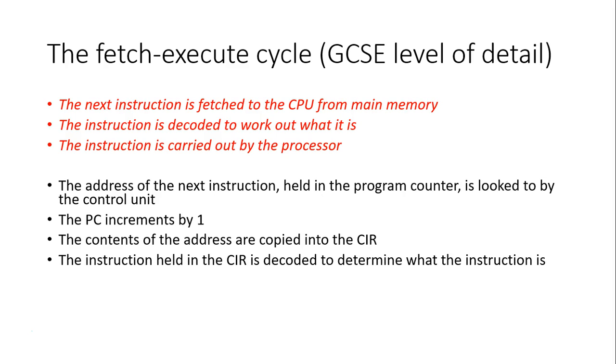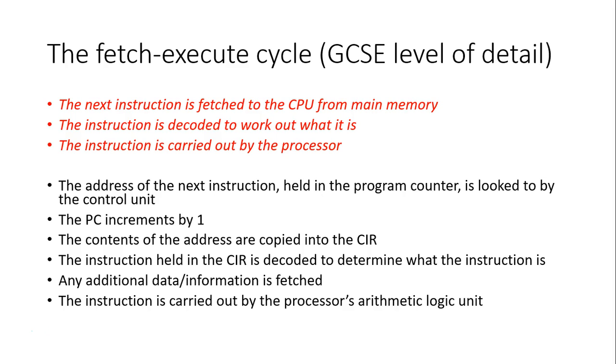Now the instruction is then decoded, so we determine what we're actually doing, and any extra information that we need, we'll fetch from the main memory. And then after that we carry out the instruction by the processor's arithmetic logic unit. So for GCSE level of detail, this is what you need to know.